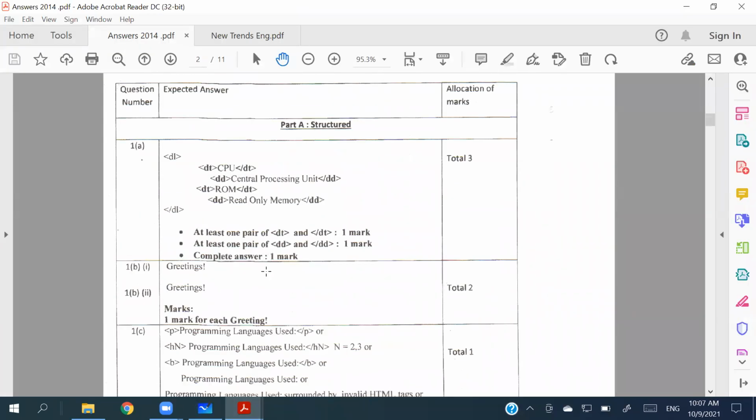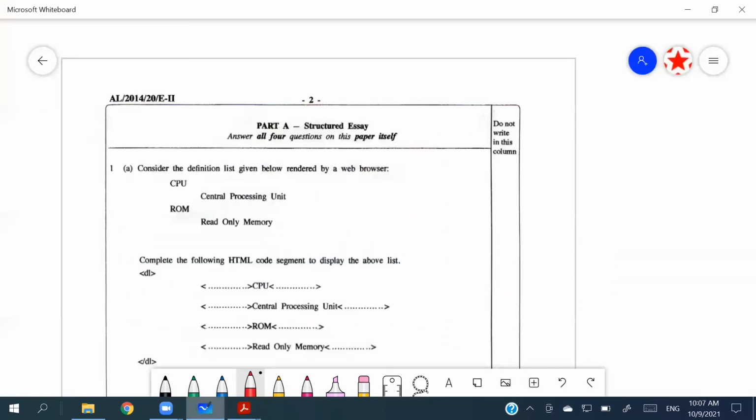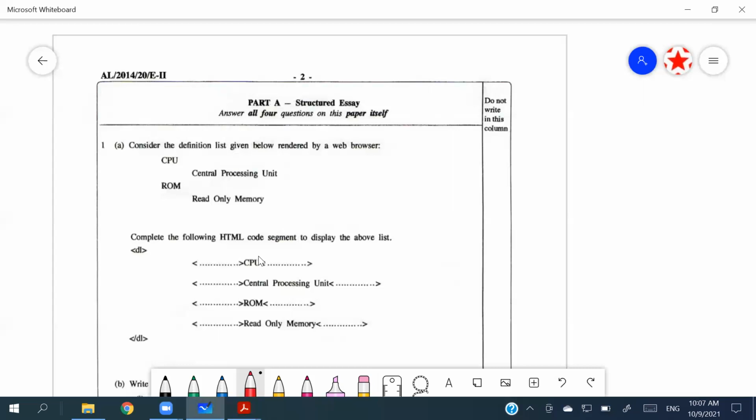2014, the very first answers, yeah. In the question, they are asking you to complete the code to have this particular output. You can see they have started with the DL tags, so that means it's a definition list.